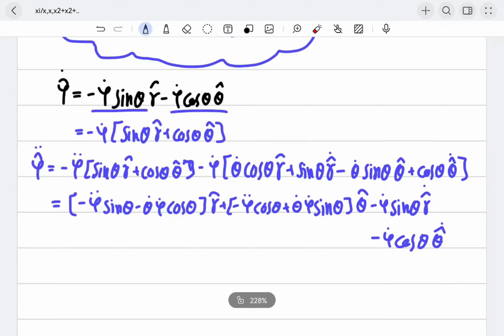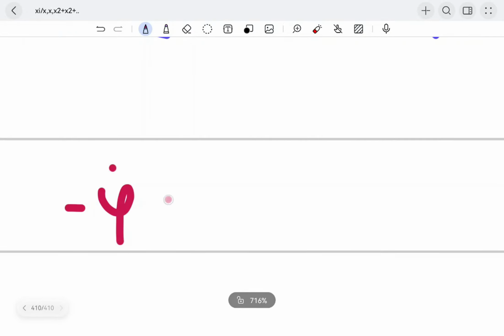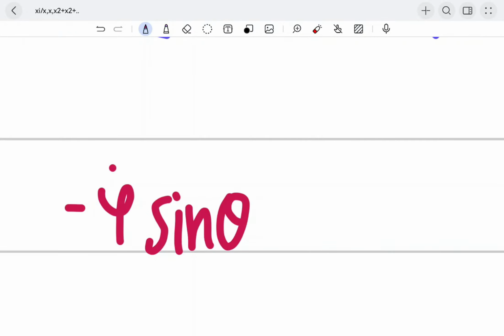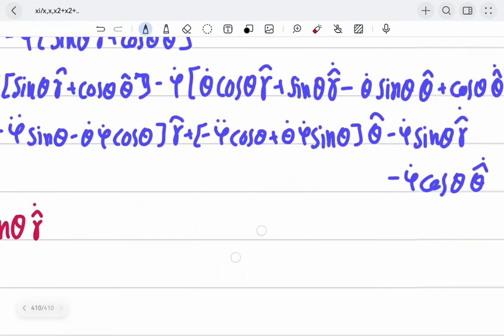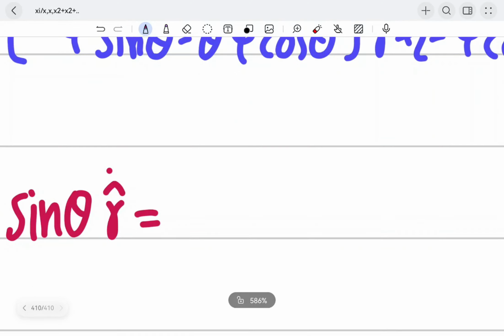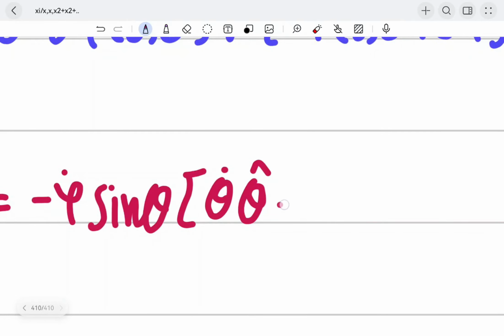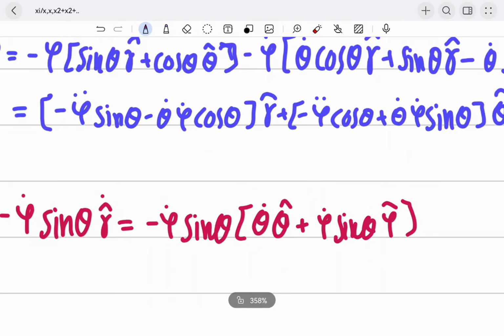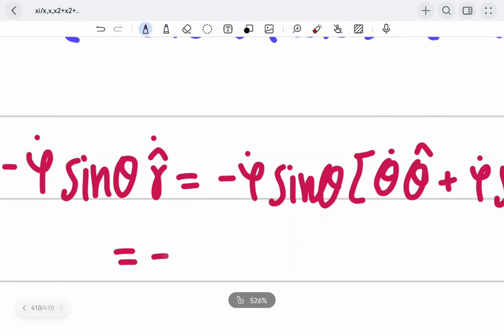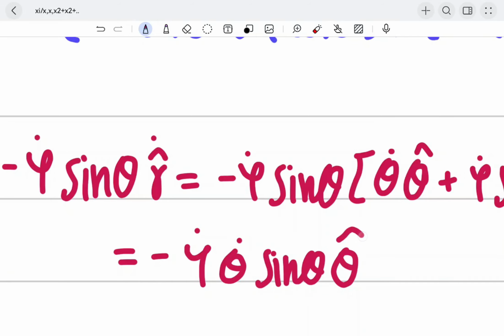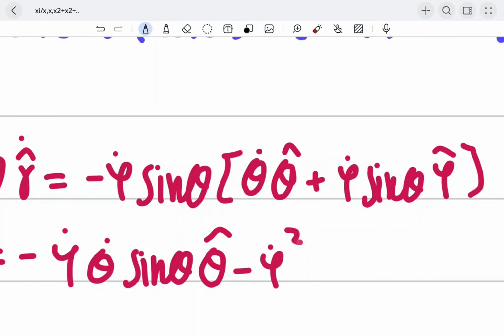Now I'll compute minus phi dot sine theta r hat dot. R hat dot is theta dot theta hat plus phi dot sine theta phi hat. This equals minus phi dot theta dot sine theta theta hat minus phi dot square sine square theta phi hat.